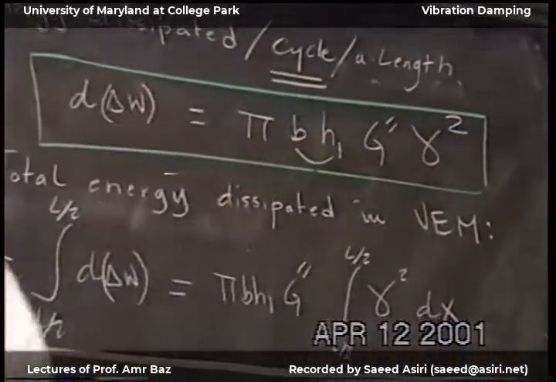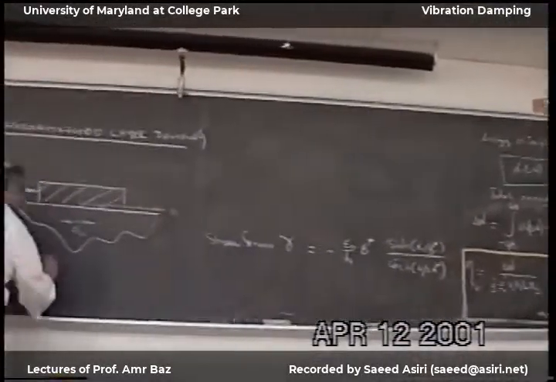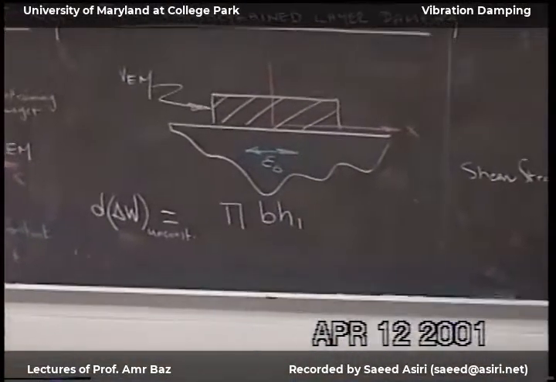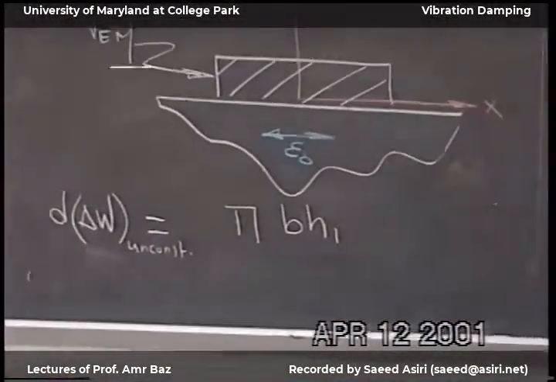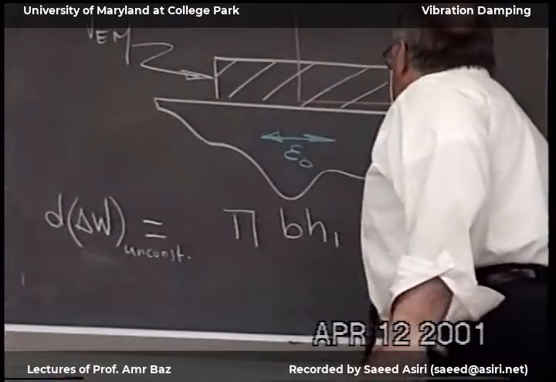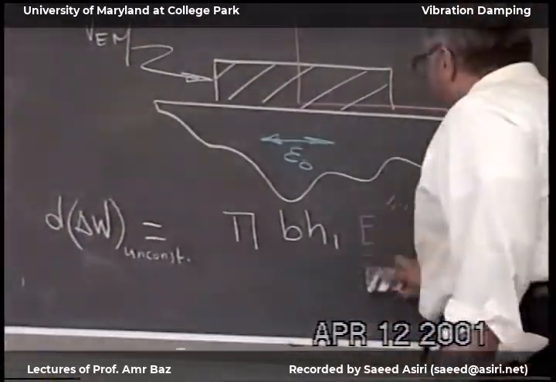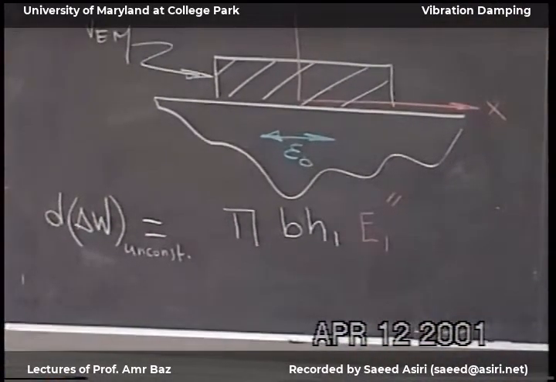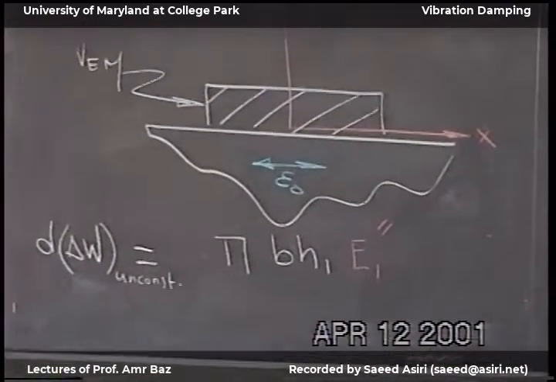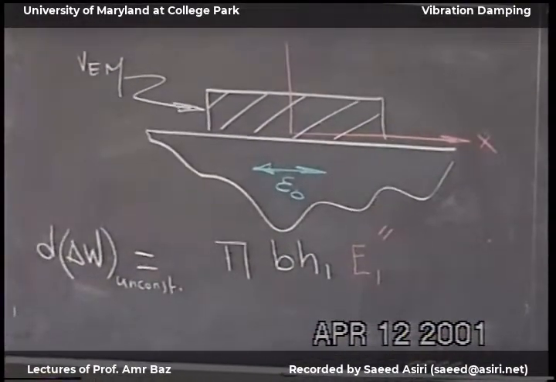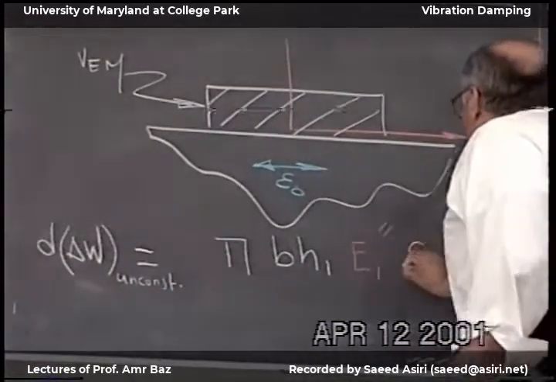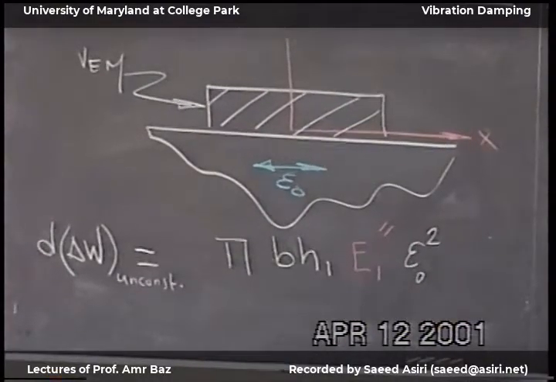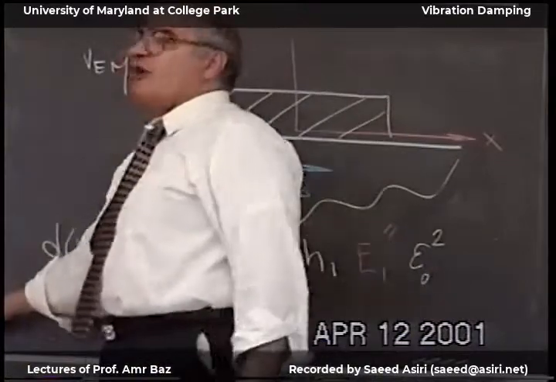Now here, we'll have something very similar. We'll have pi, b, h1, and then instead of the shear modulus, I'm stretching everything in longitudinal motion. So this will be E1 double prime, the viscoelastic material E double prime. And then, instead of gamma squared, I have epsilon squared. Now in this case, we're very fortunate because epsilon is constant.